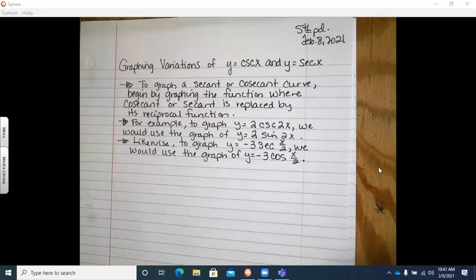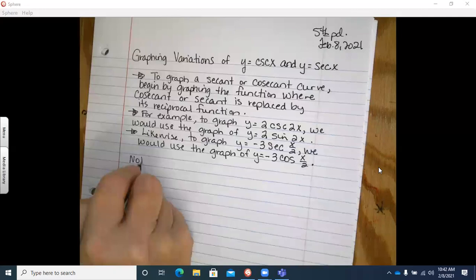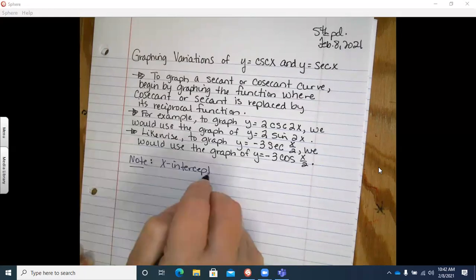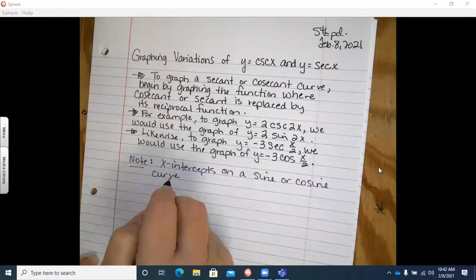x-intercepts on a sine or cosine curve will be vertical asymptotes on a secant or cosecant curve.